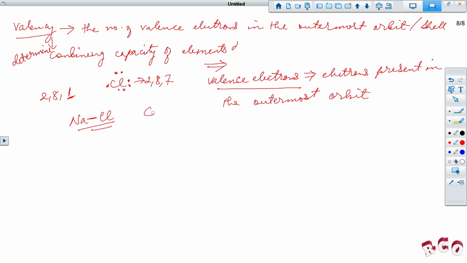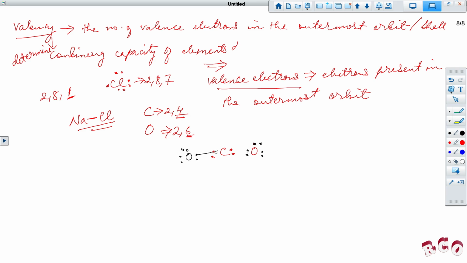Suppose carbon is 2, 4, so it can form 4 bonds. Oxygen atomic number is 8, so 2, 6, there are 6 electrons, so it can form 2 bonds. So now let us see carbon, there are 4 electrons. Oxygen, 1 2 3 4 5 6.